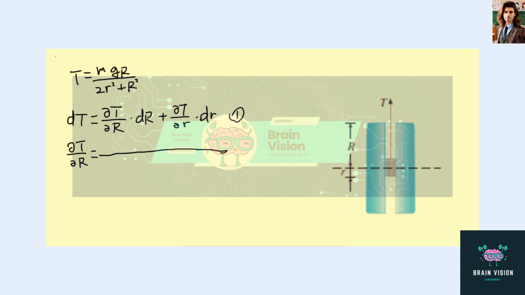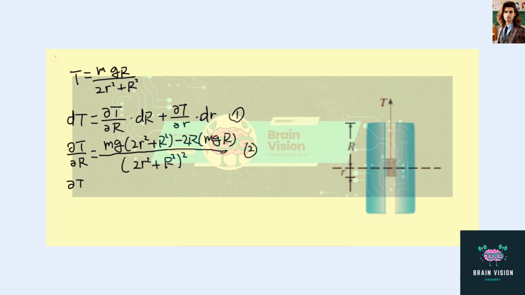We have the derivative of the numerator function, which is mg, multiplied by the denominator function, subtracted by the derivative of the denominator function, which is 2R, multiplied by the numerator function, and then divided by the denominator function squared. And this is our equation number 2.